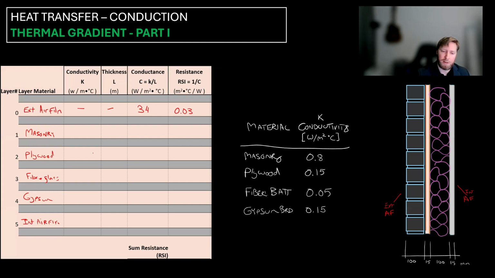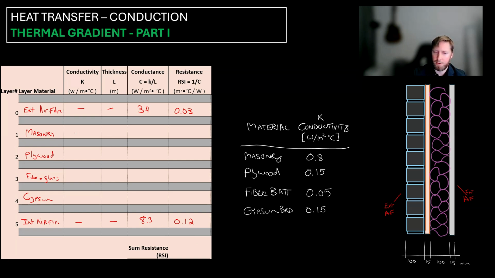And I'll do the interior air film as well. I think this was 8.3.